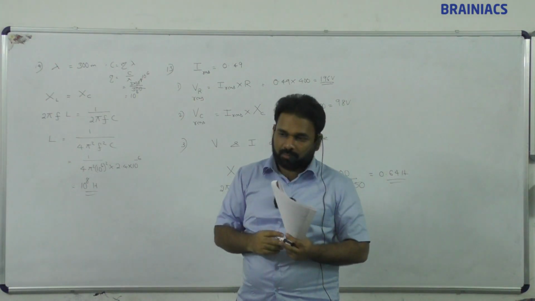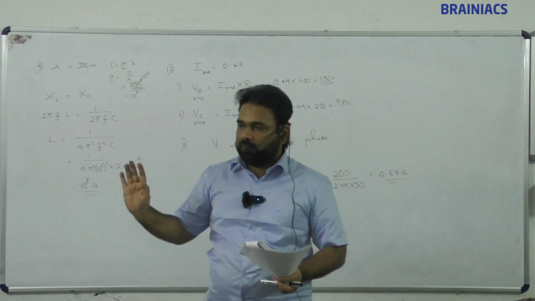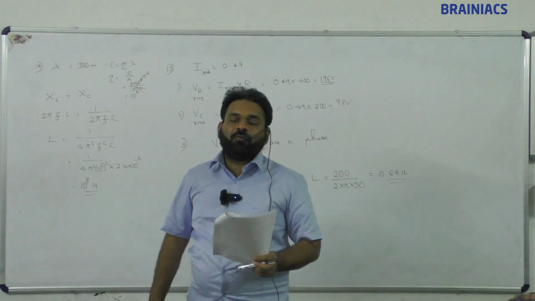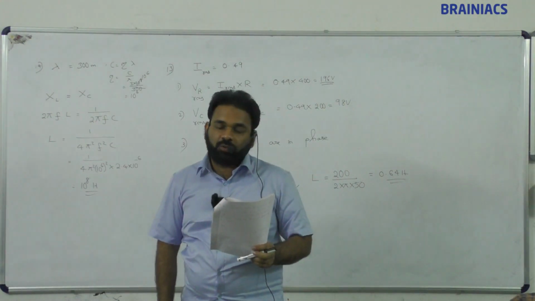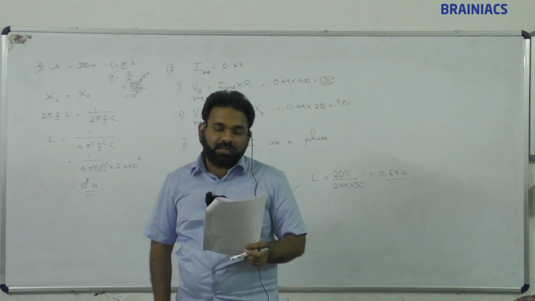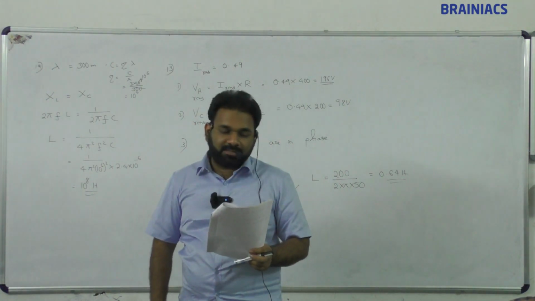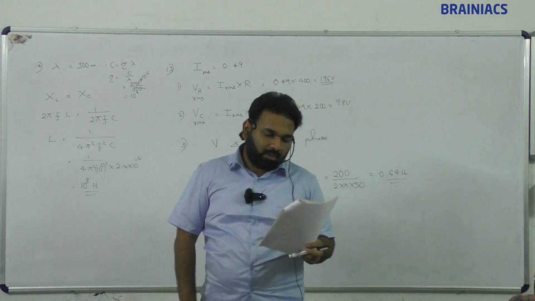Another question, 15th question. A resistor of 200 ohm and capacitive reactance of 212 ohm gives an impedance of 291.5 ohm when connected in series to a source of 220 volt 50 hertz.